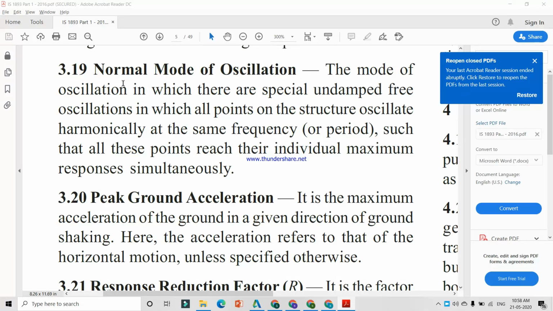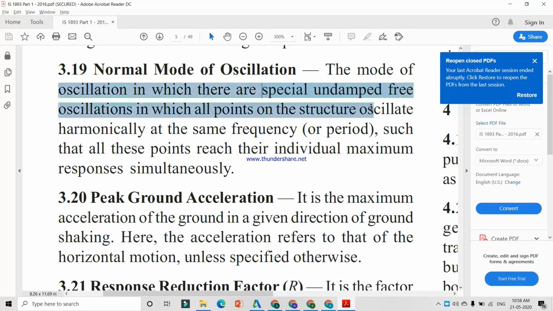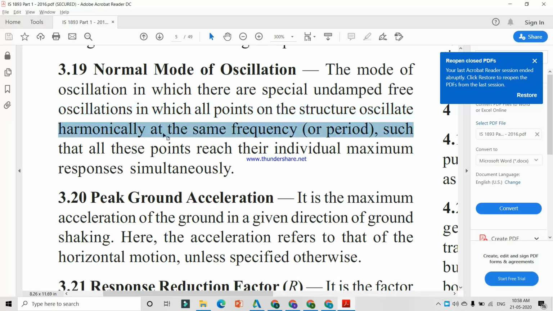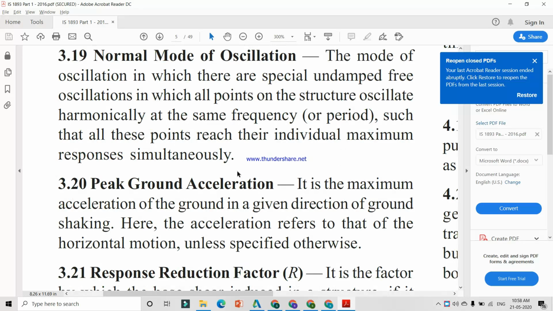These are the modes of oscillation with spatial undamped free oscillation, in which all the points on the structure oscillate harmonically at the same frequency or period. Undamped condition means no energy losses with movement, that means throughout it will be the same, such that all these points reach an individual maximum response simultaneously.